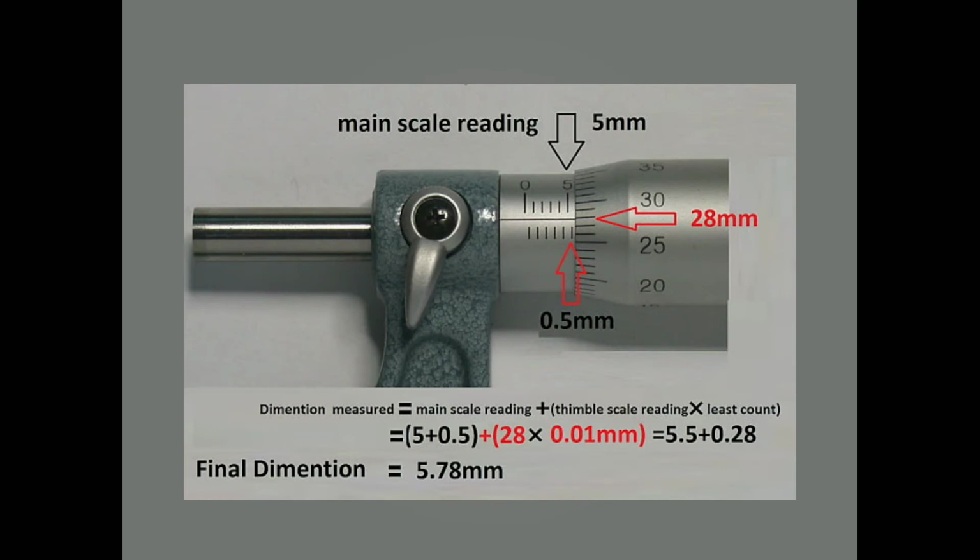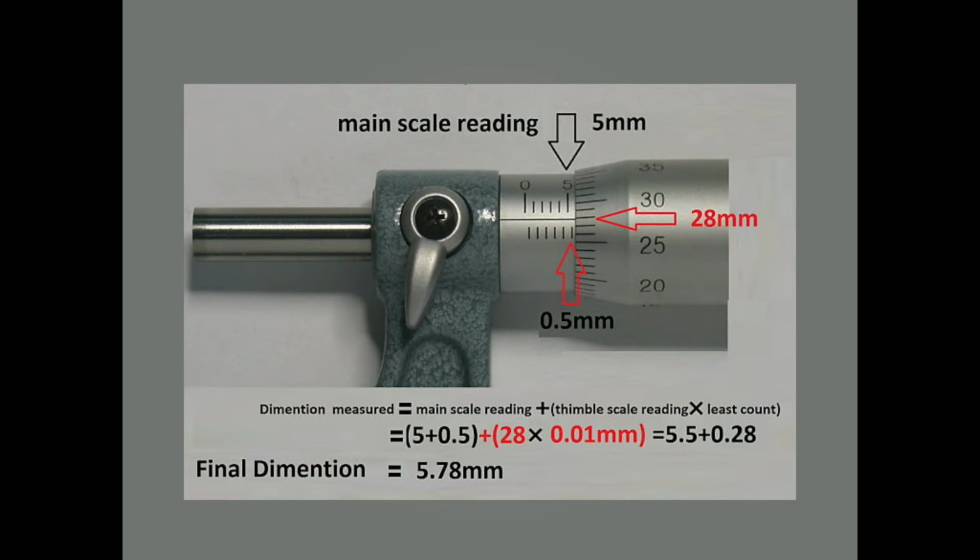Here you can see how exactly the calculation is done. First of all, carefully observe where exactly the main scale is, and what is meant by the thimble scale, circular scale or rotating scale. Then finally we are going to calculate the dimensions.